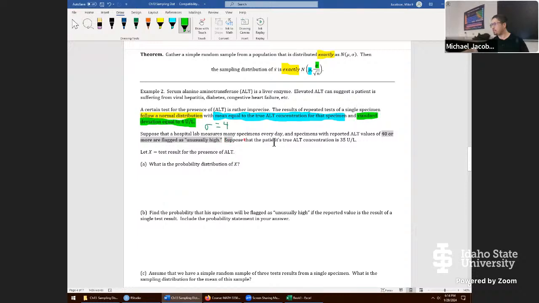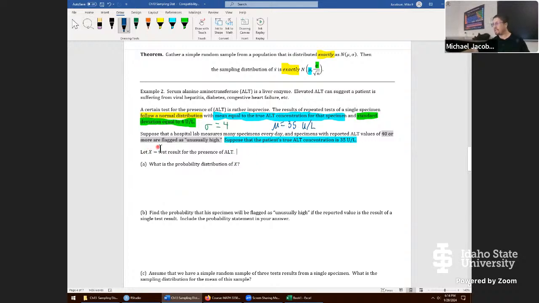That ties together with the statement above. So we're talking about the true ALT concentration. So now at this point, we've discovered the value of mu. We can say mu equals 35 units per liter.